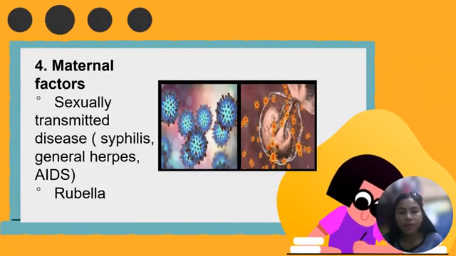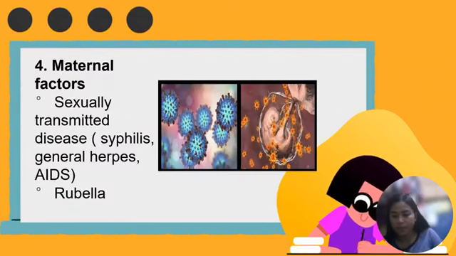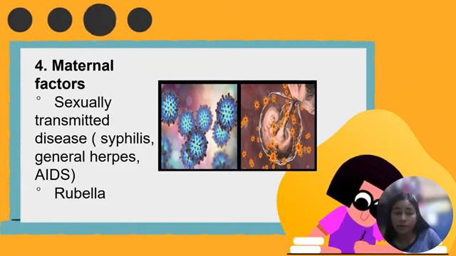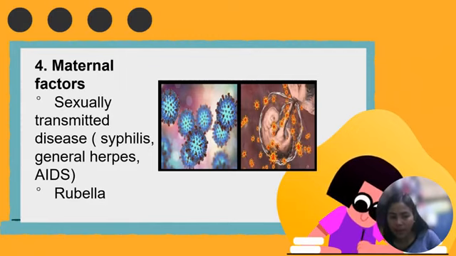So, number four is the maternal factors. Maternal factors include sexually transmitted diseases, syphilis, genital herpes, and AIDS, and rubella. Maternal factors refer to various aspects related to the health and well-being of a pregnant woman that can influence the development and outcomes of the pregnancy.